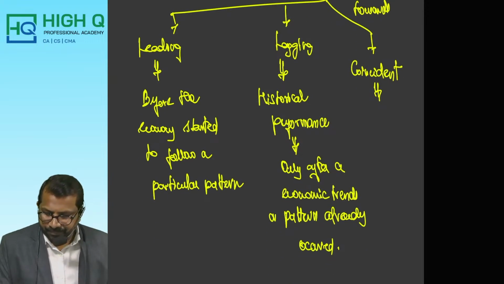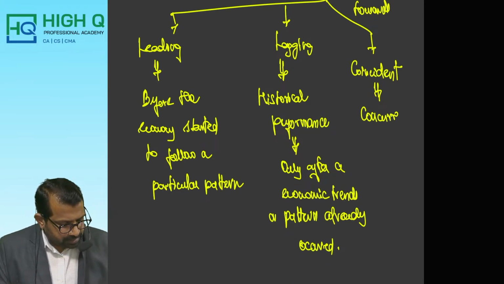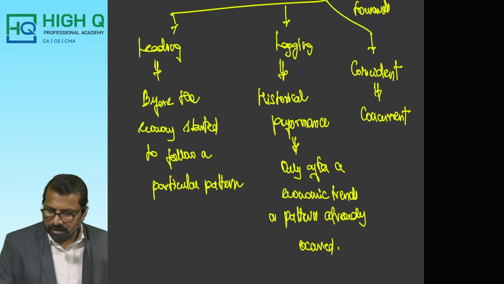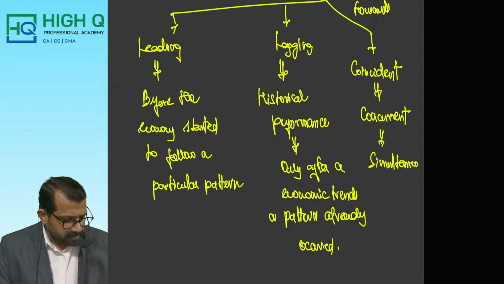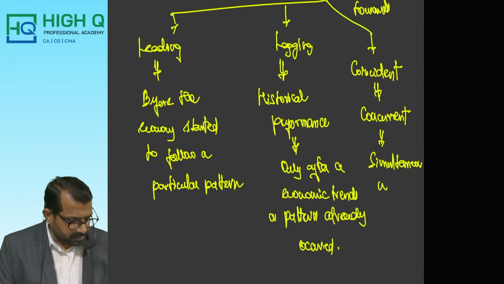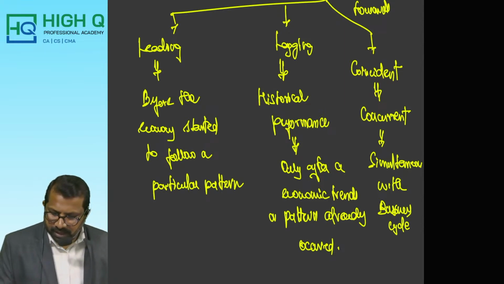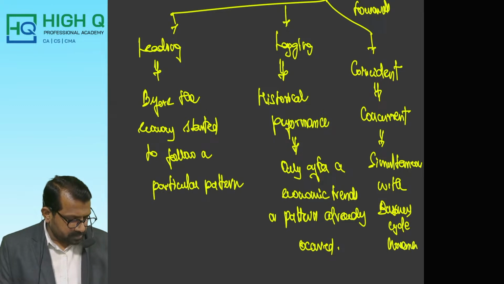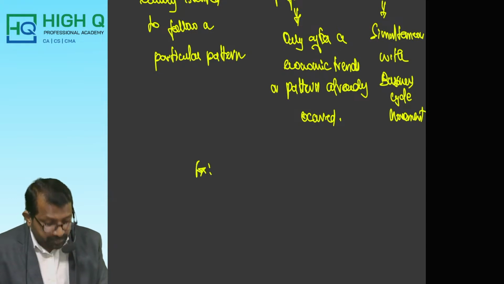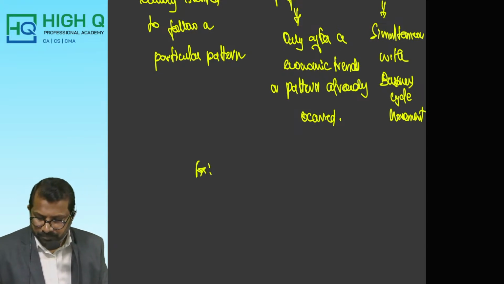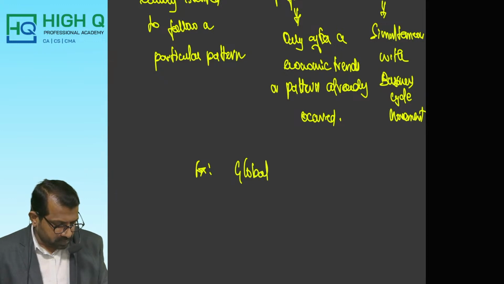Coincident means concurrent indicators. These occur simultaneously with business cycle movement. Example of a business cycle: global economic crisis.